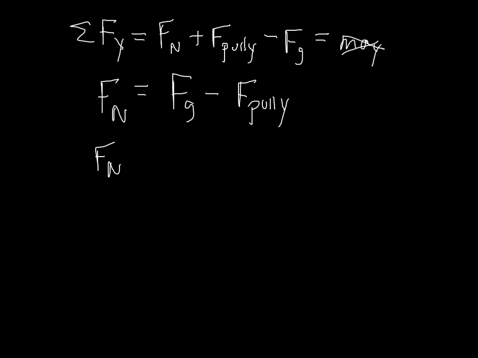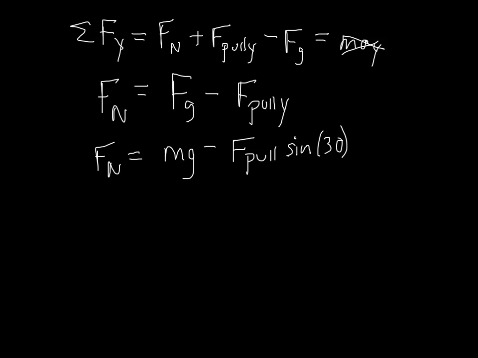Fn is equal to Fg. What is Fg? mg. F pull Y was the opposite side, so that's going to be F pull times the sine of 30.